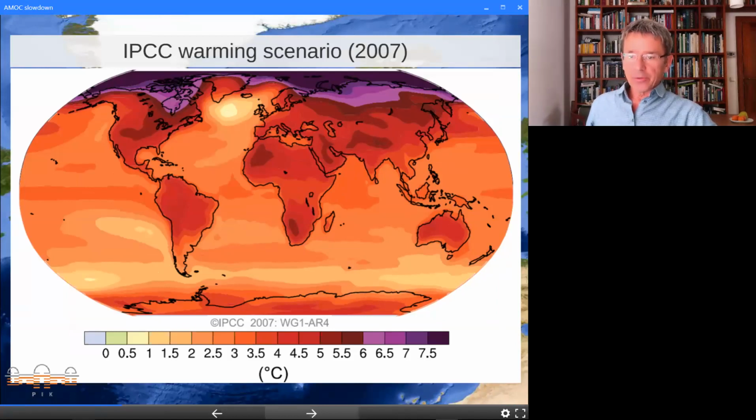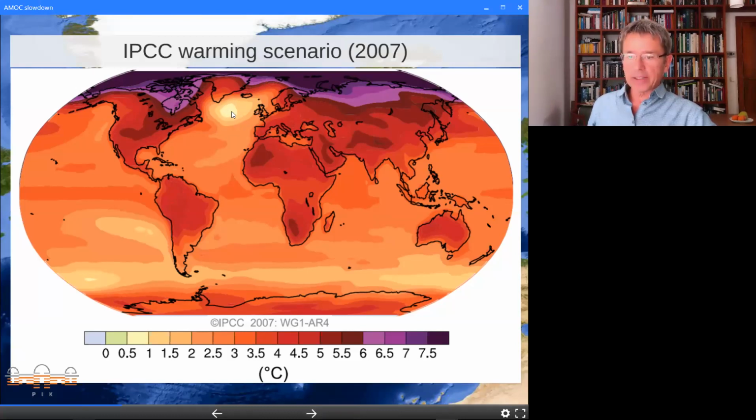And if we look at what the IPCC and basically the climate science community has been predicting for the future for a long time, this is typical: a warming scenario from the fourth assessment report, 2007, very strong warming. But notably, the northern Atlantic has warmed the least, actually very little.